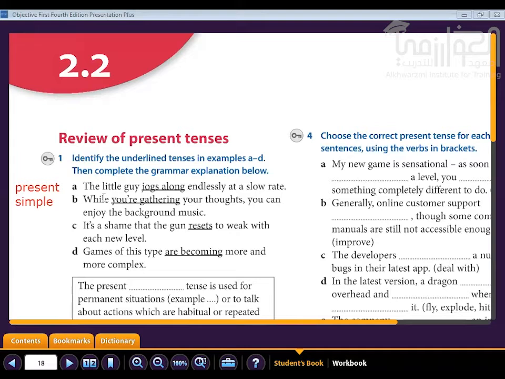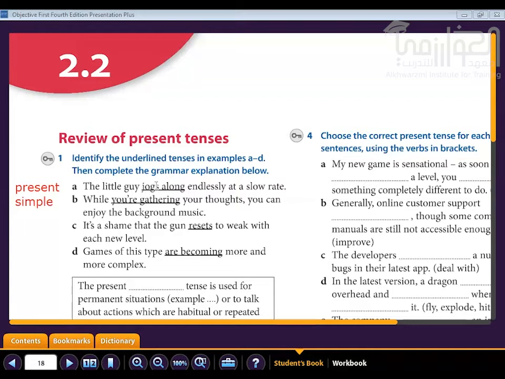Talking about what is the explanation? Present simple, something the guy does all the time. The little guy jogs along endlessly at a slow rate. So this is the present simple because of the S here. You can see the little guy is he. So jogs. Because of the S here it is the present simple.